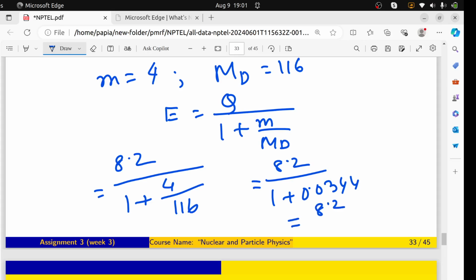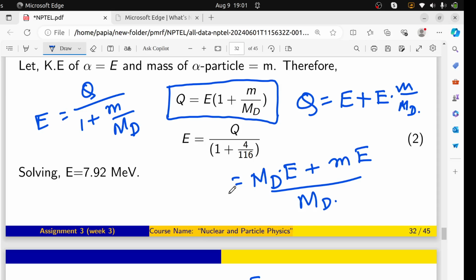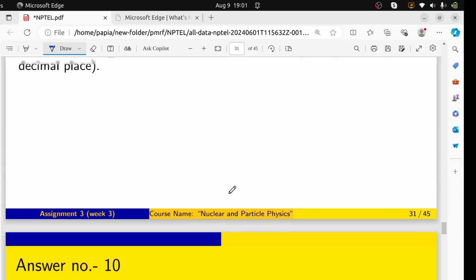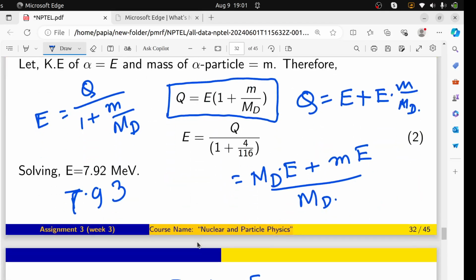So 8.2 divided by 1.0344, that will be 7.926. See the answer, 7.926 was there, so it is 7.93, because we need 2 decimal places, so 2 decimal places means 7.93 MeV.